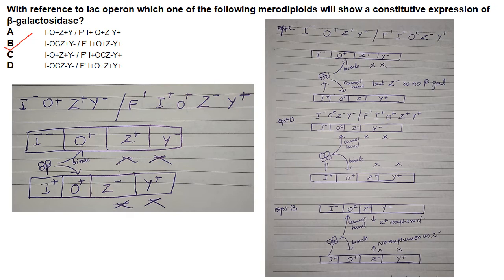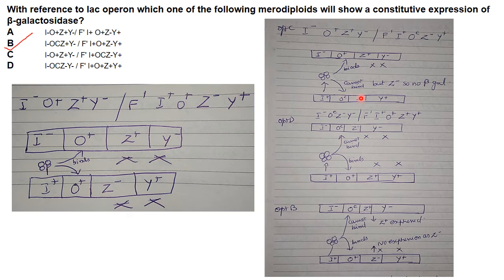If you see option C, also operator is constitutive. So the repressor cannot bind to this particular half of the operator, but it can bind to the first half. So it will not synthesize Z plus in the first half because the repressor can bind there. Whereas since the operator is constitutive, repressor cannot bind there, but it is Z minus.